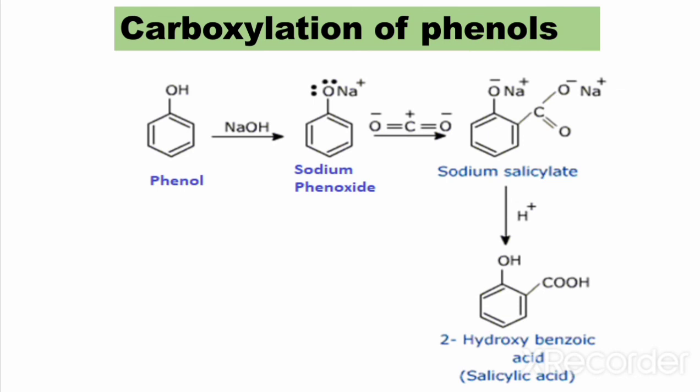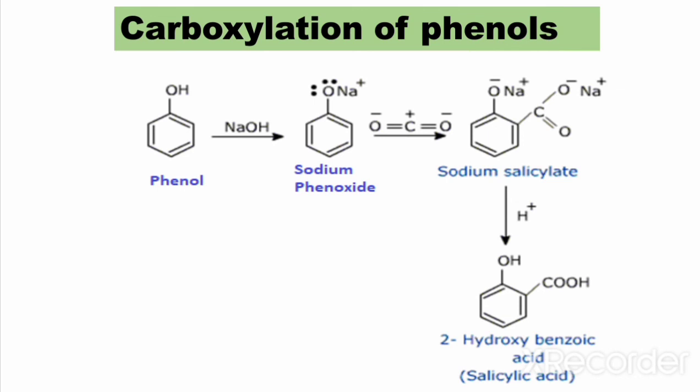So we will get the carboxylic group, that is COOH, and the final product we get is salicylic acid. So its IUPAC name is 2-hydroxybenzoic acid.